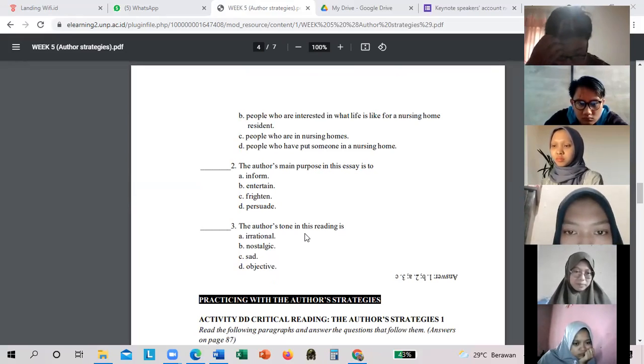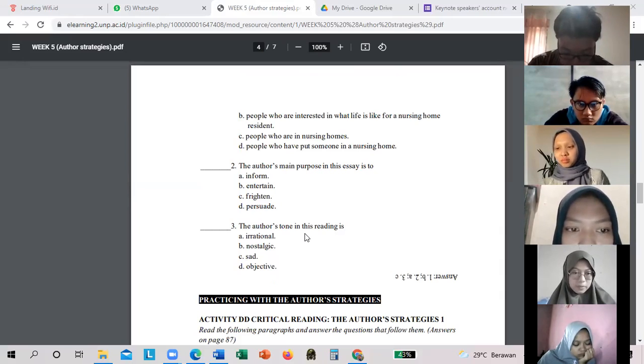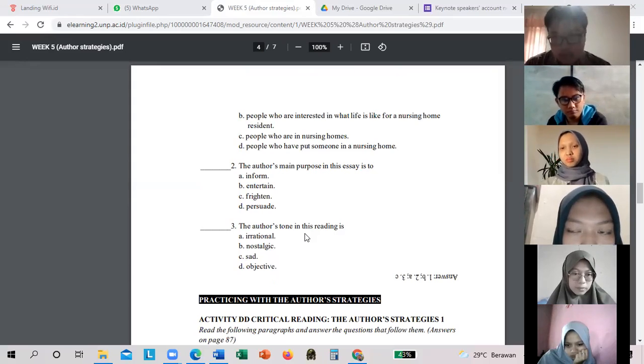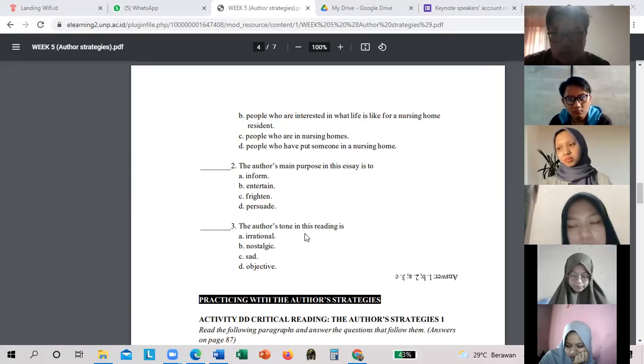So is Gamey correct about the tone? Yeah, because tone is someone's or the author's feeling. So that's why I asked Gamey, what did you feel after reading the passage? Gamey said that pitiful. I feel pitiful for that grandma, probably grandma or grandpa who is living in the nursing home.